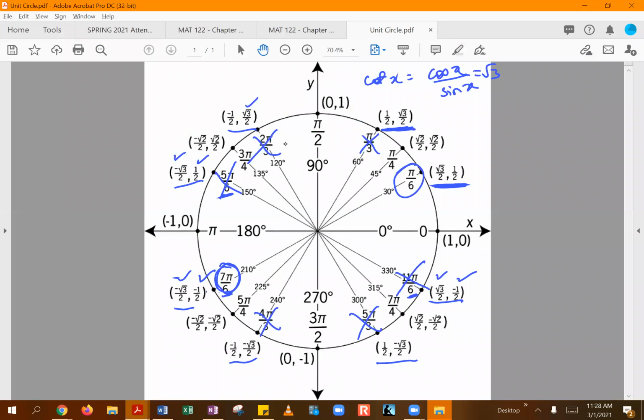That means we now need to go in the clockwise direction and figure out what these two angles on the negative side are going to be. What does pi over 6 look like in the clockwise direction as a negative angle? And the same thing with 7 pi over 6: what does that look like as a negative angle?